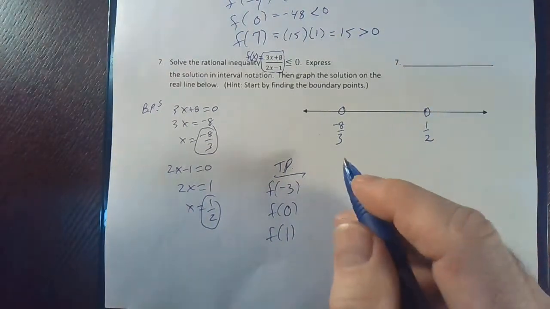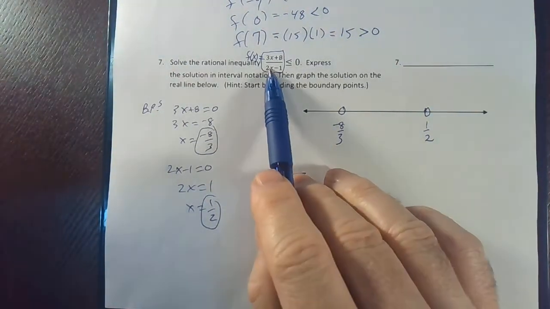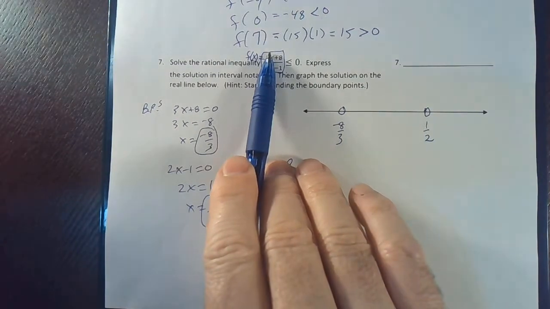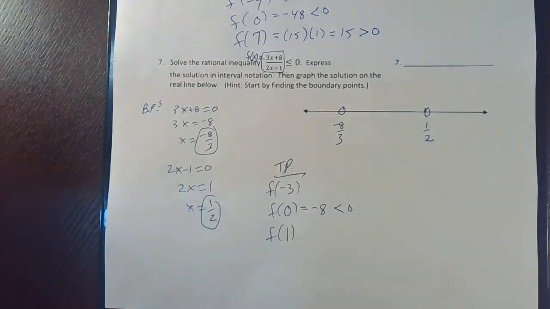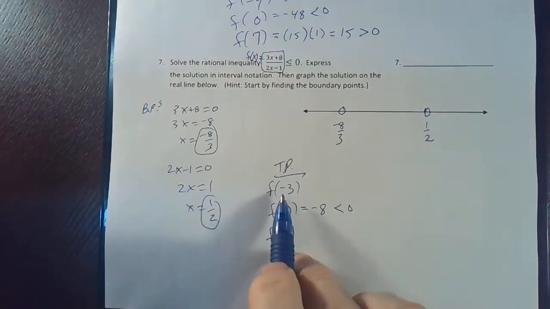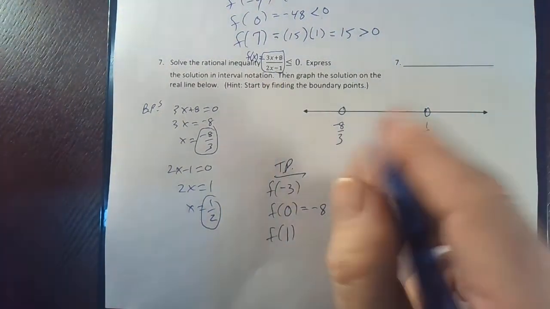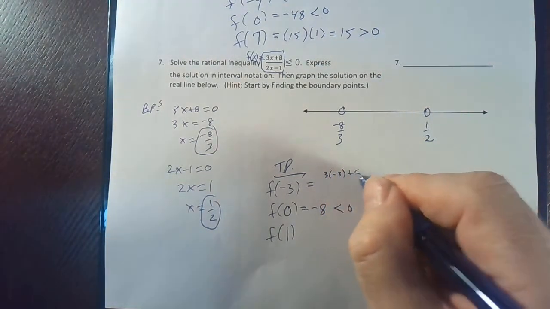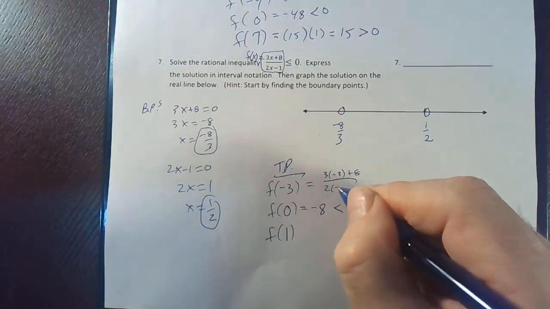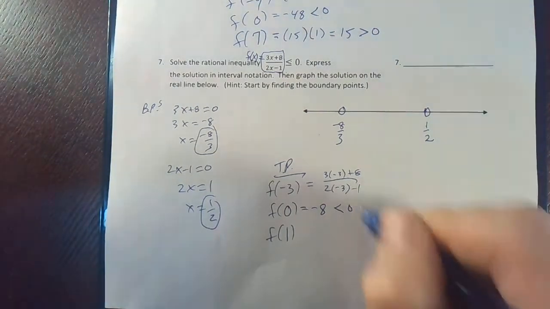So let's do the easy one first. f of 0 would give me 8 over negative 1, negative 8. That's less than 0. f of negative 3 will give me 3 times negative 3 plus 8 over 2 times negative 3 minus 1.